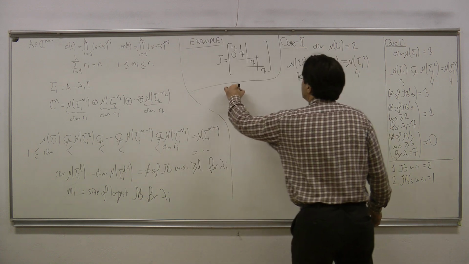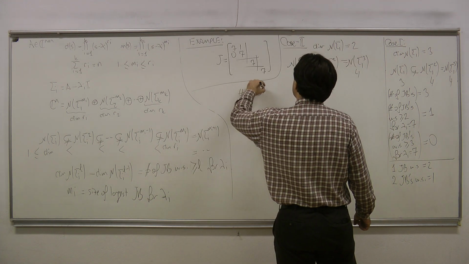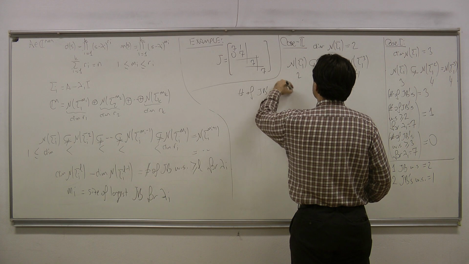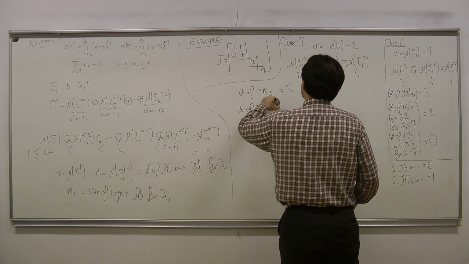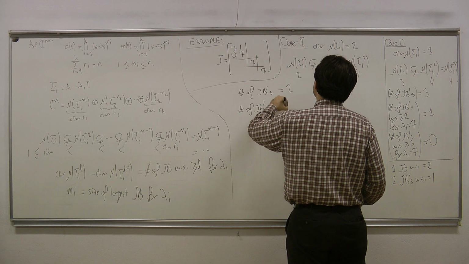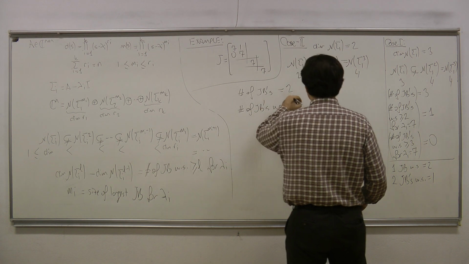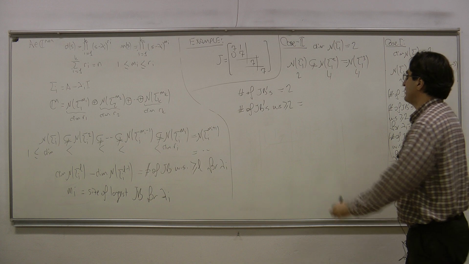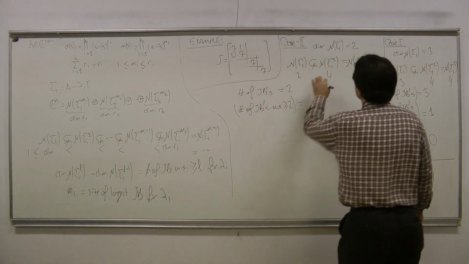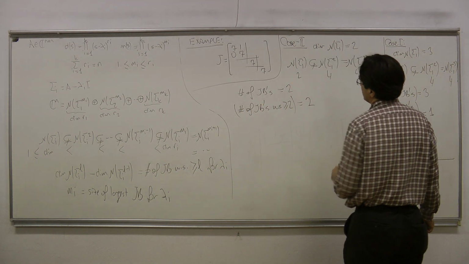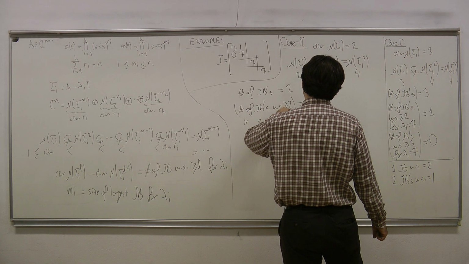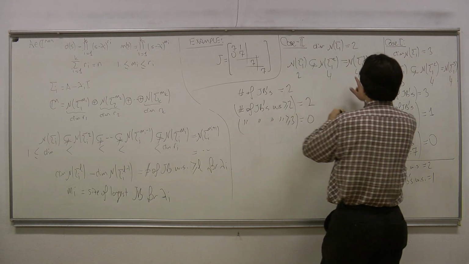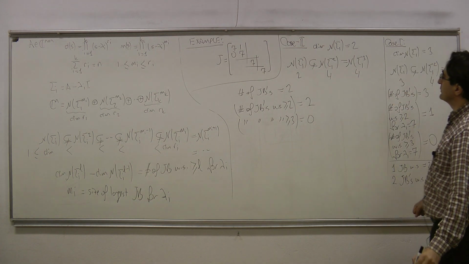So the number of Jordan blocks is this dimension, which is equal to 2. The number of Jordan blocks with size larger than or equal to 2 for the single eigenvalue 7 is going to be equal to this difference, 2. And the number of Jordan blocks with size larger than or equal to 3 is 0. It's going to be this consecutive difference.